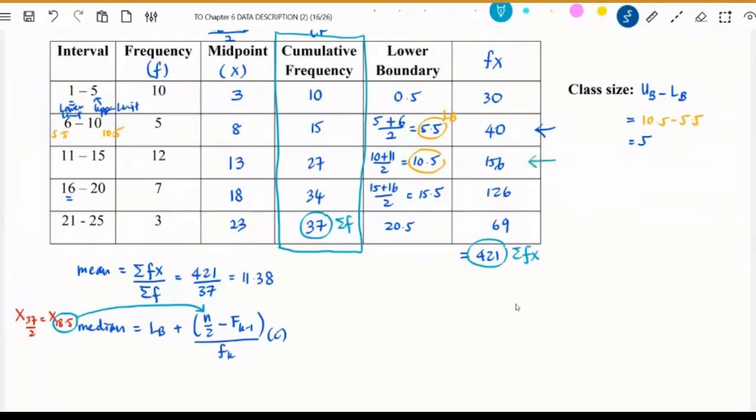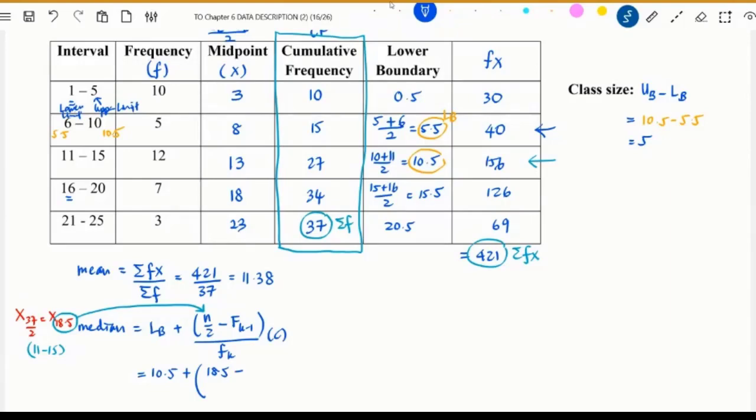Because the second class is only 15, it hasn't reached 18.5 yet. So 18.5 falls in the third class, the 11 to 15 class. So we have to put it into the formula here. The lower boundary for the third class is 10.5, plus 18.5, which we found from this one, minus the cumulative frequency of the class before.